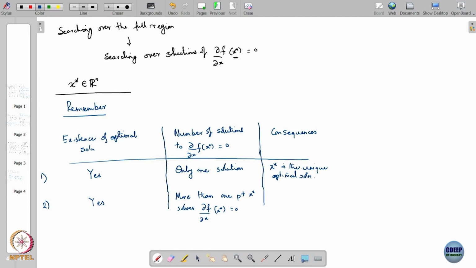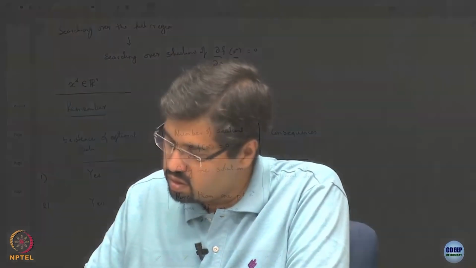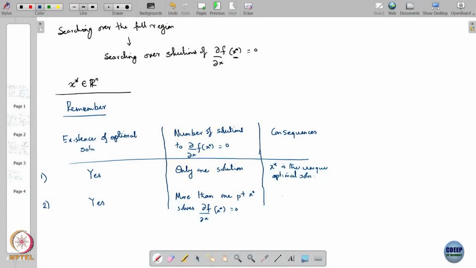If there is more than one point that solves this, what does that mean? It doesn't mean anything. Any of those could be the optimal solution. No particular conclusion can be drawn.